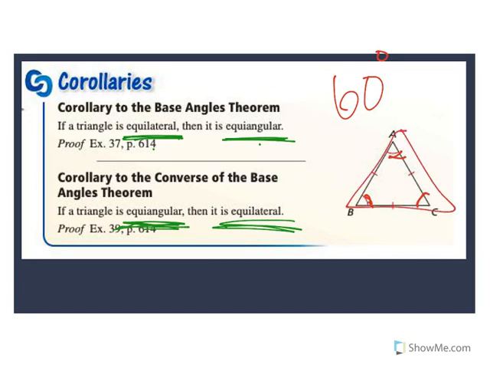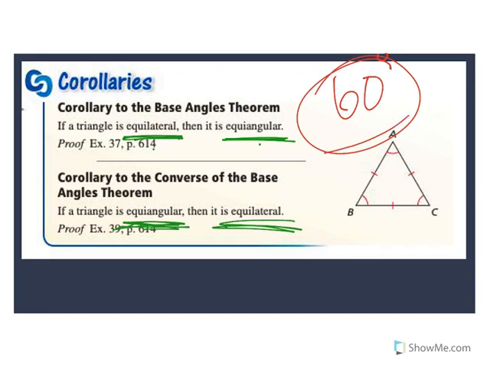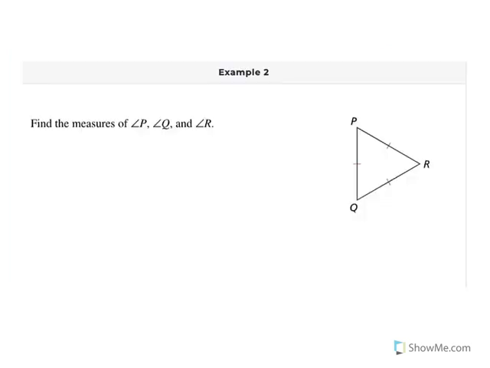So we have 60, 60, 60, that adds up to 180. So if your triangle is equilateral, it is therefore also equal angular, and all of your angles are 60 degrees. So important, write that down. You'll see why when we start to do examples.